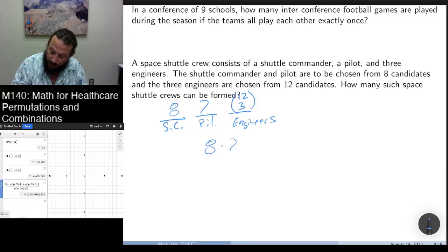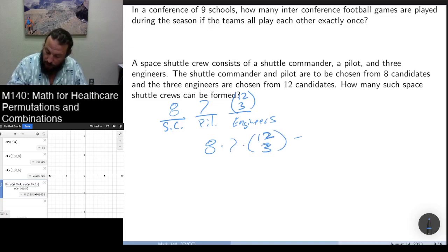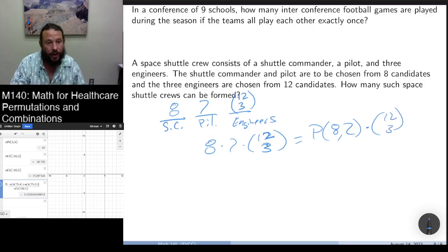8 times 7 times 12, choose 3. Okay. And just note this is really permutations of 8 things taken 2 at a time times 12, choose 3. You don't have to think about it that way, but I do got to show you.